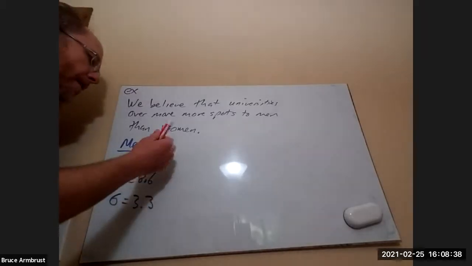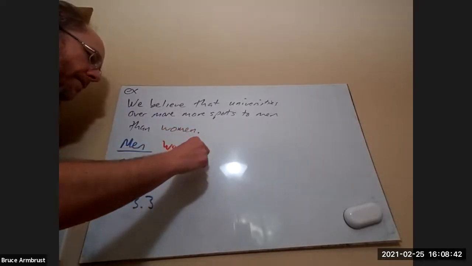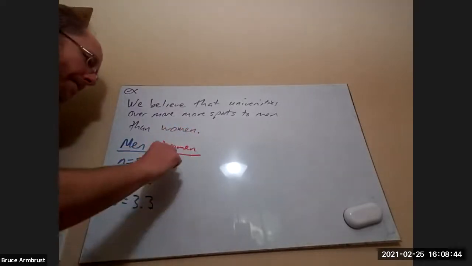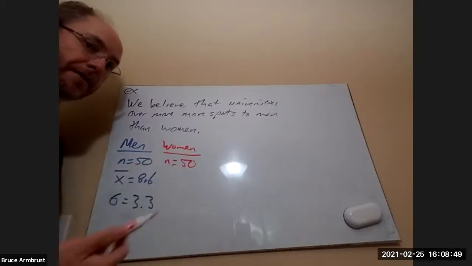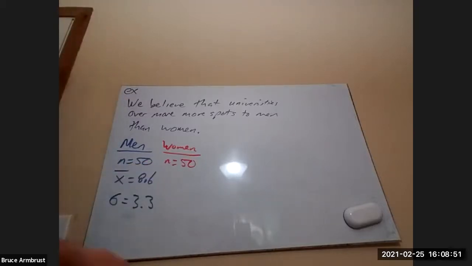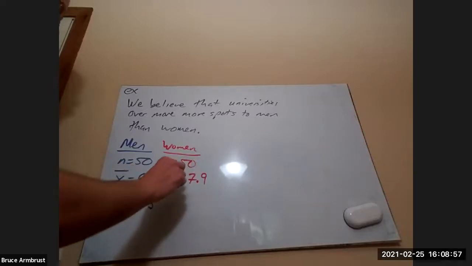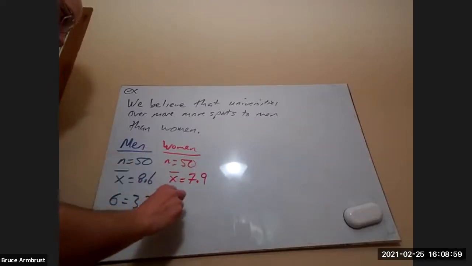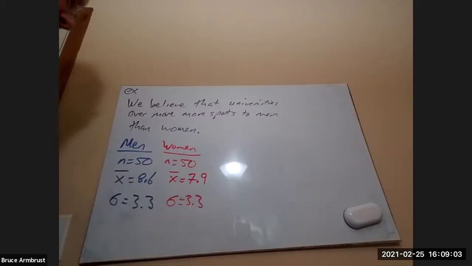We draw another 50 random schools. Some of them could have been on the same list, but this is just another 50 random universities. We find that their average number of female sports teams is 7.9, and again, the NCAA tells us that sigma here is 3.3 as well.